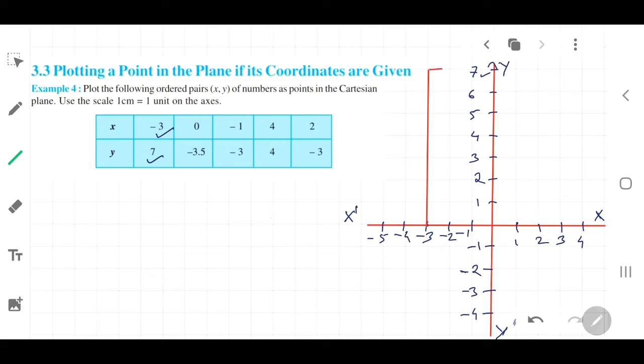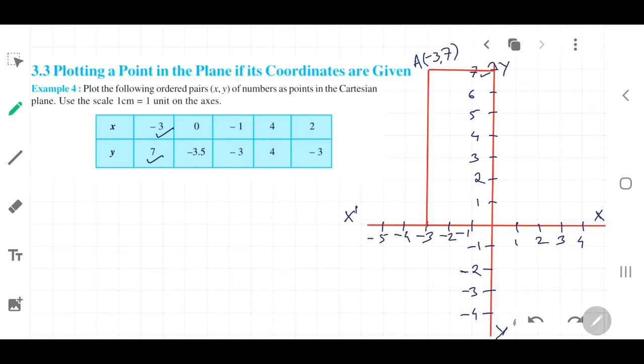Again from here you can join it. Okay, from here you can join it. So we can name it, give some name. Let it be point A. Correct? And in bracket you write here x is -3, so you write -3, then y is 7, so you put here 7. Okay, so that is the way we have to plot.